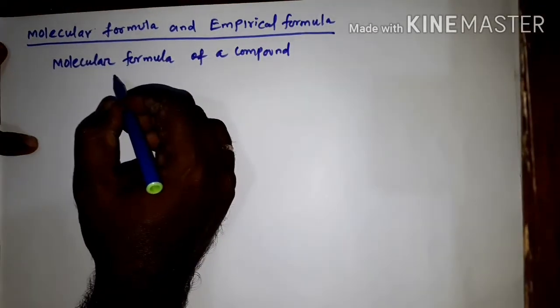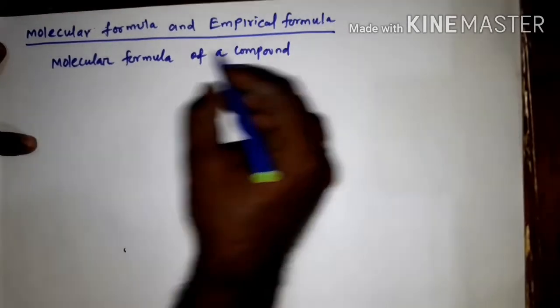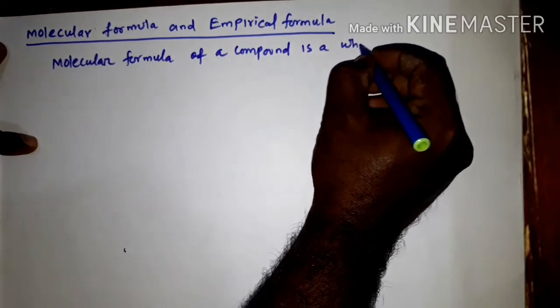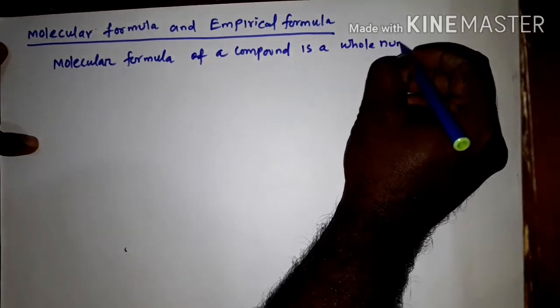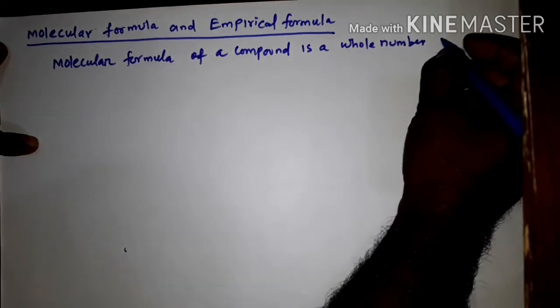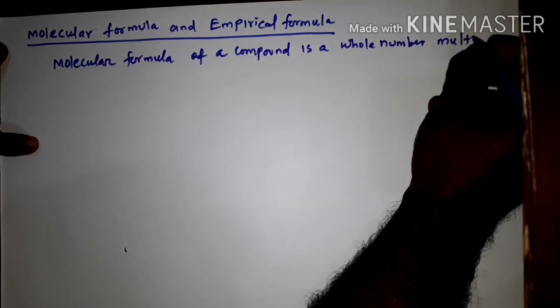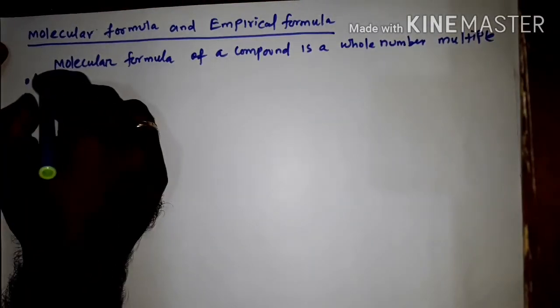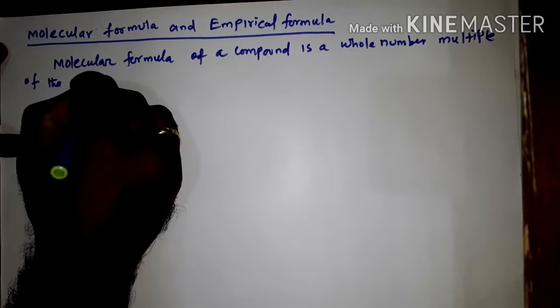The molecular formula of a compound is a whole number multiple of the empirical formula.